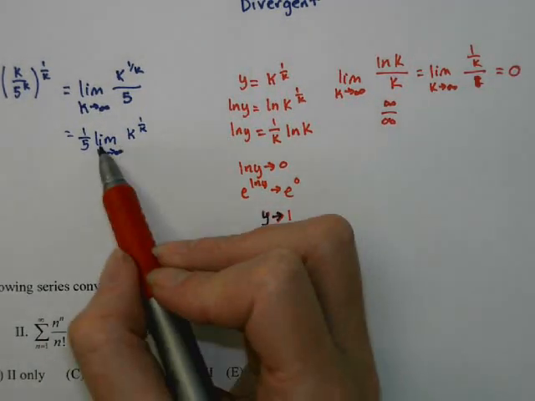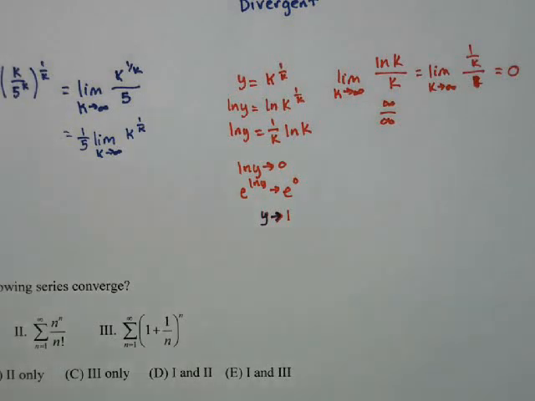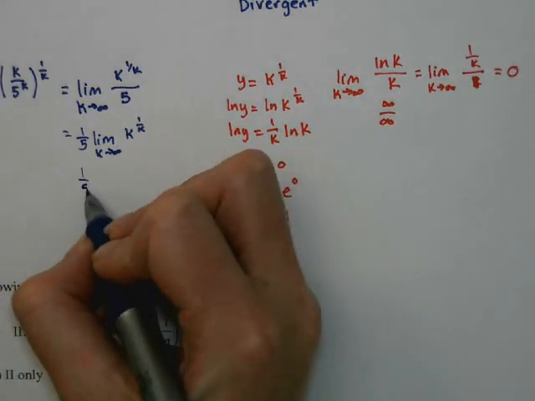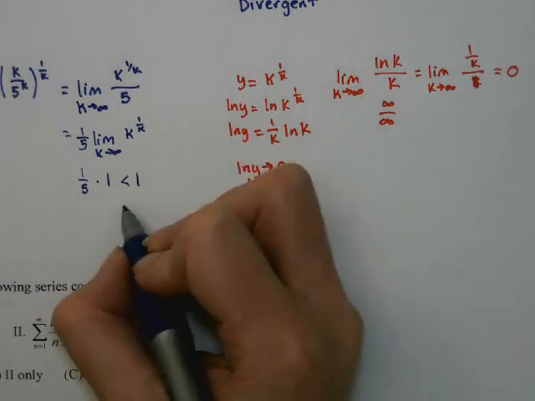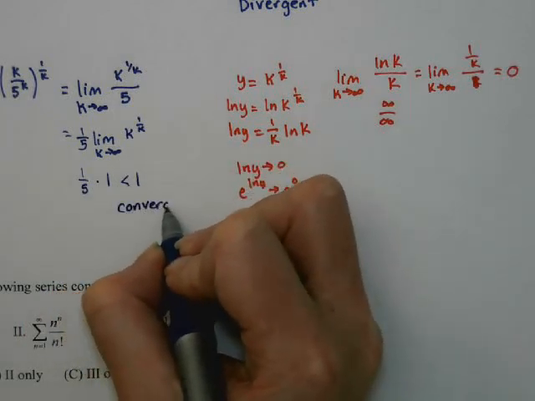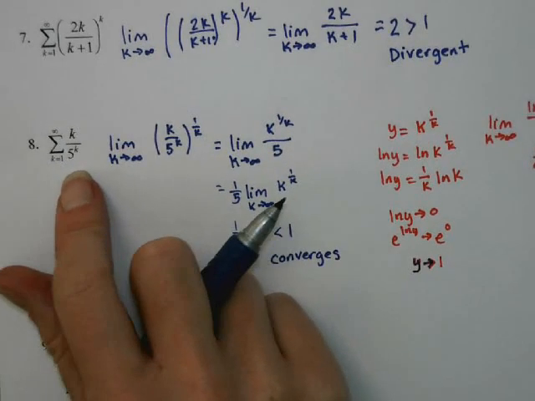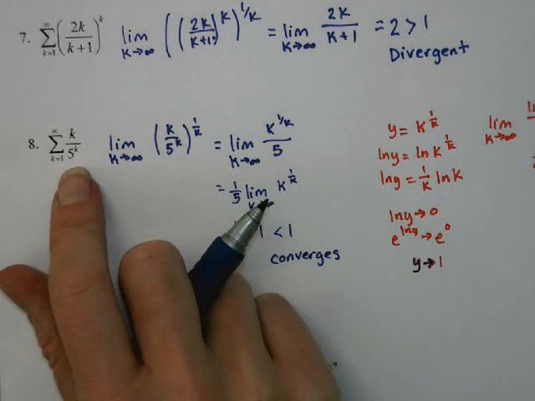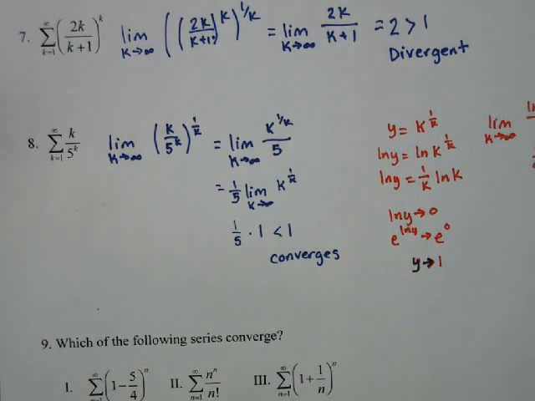So y is going to 1. So this is going to 1. So this is going to be 1/5 times 1, which is 1/5, which is less than 1, which means it converges. Now, in all likelihood, if you look at this and you've got k over 5 to the k, the exponential is going to grow significantly faster. So it will converge, but this would be the proof for that.